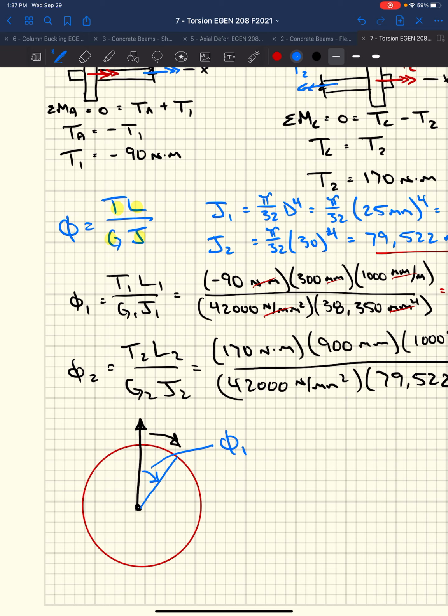Then at B, it's got an applied load that's going the other direction. The applied load in the other direction results in that internal torque of 170 Newton meters. Over the length of that, it's going to slowly start twisting it back the other way.